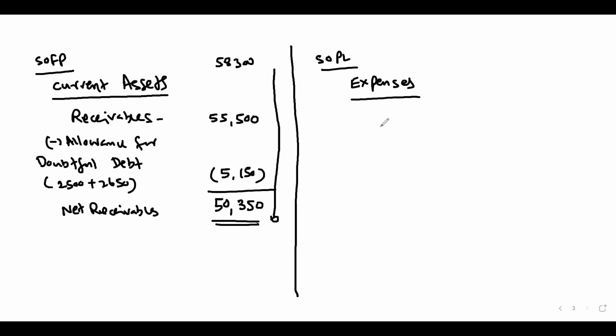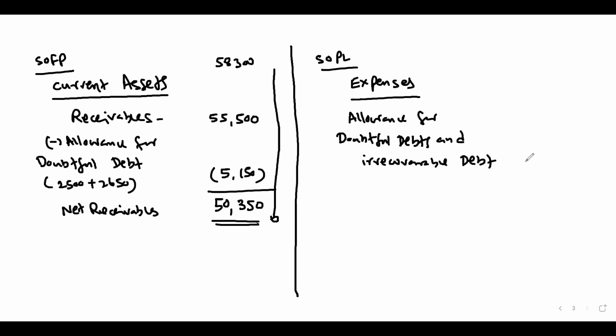It has to be shown as an expense along with other expenses, as allowance for doubtful debts, and you can show the combined one or irrecoverable debt. The total you can show on the face of the income statement.